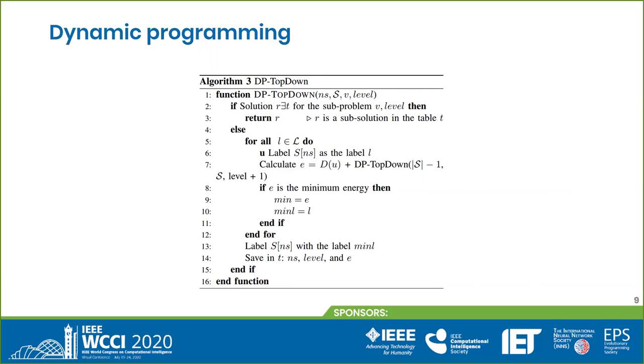Once the image partition is generated, the minimized energy is computed by means of a dynamic programming algorithm that we call DP top-down. DP top-down works by assigning a label to each image partition and checking the new energy function value of that solution. Ultimately, this solution reduces the recalculation of the energy function.